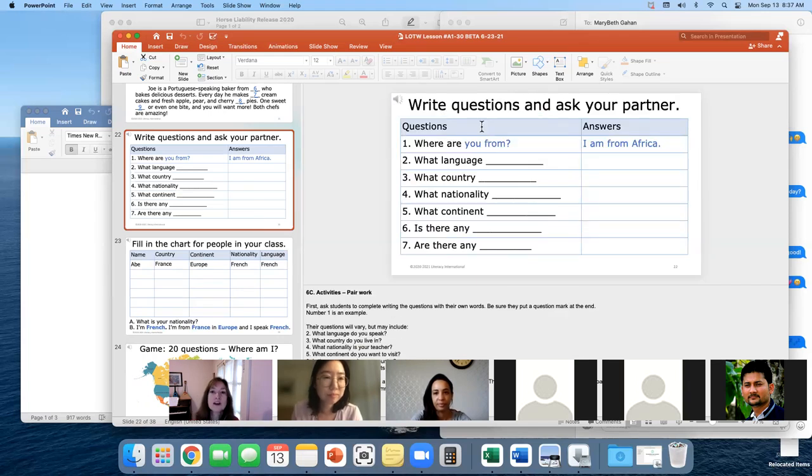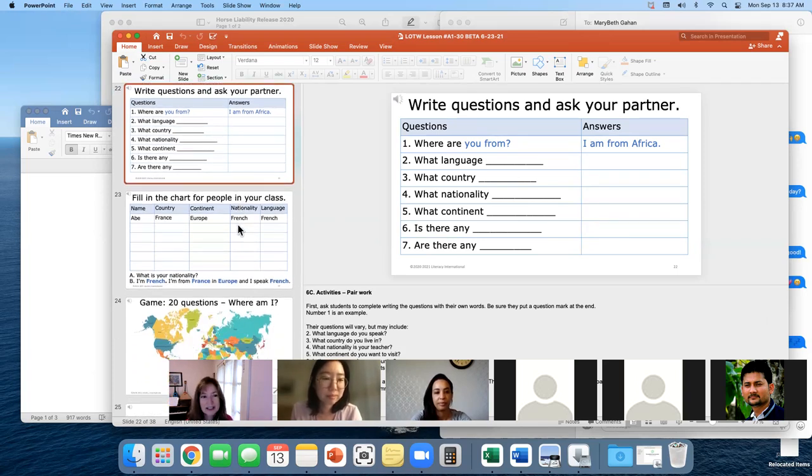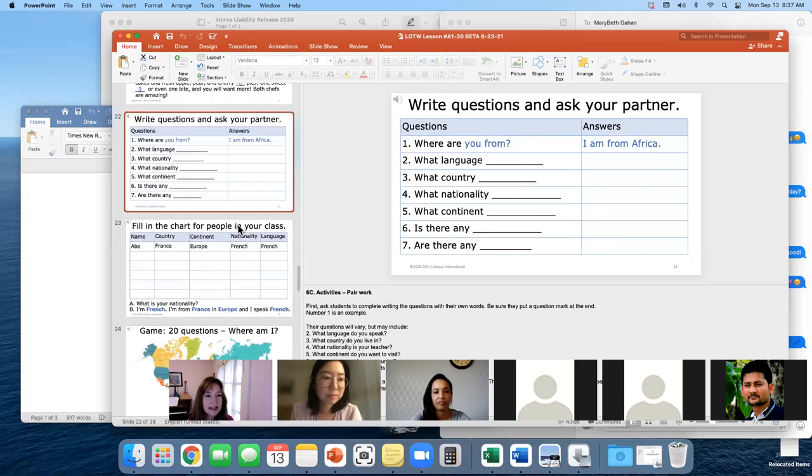So for homework, you're going to talk to a neighbor in your neighborhood and ask them these questions. Or you're going to talk to somebody in your family and ask them these questions. But the purpose of the activities is just to reinforce the vocabulary and sounds that they've already been working on so far in this lesson.